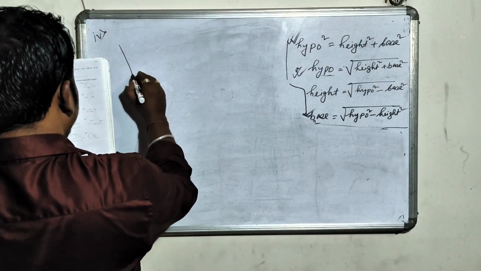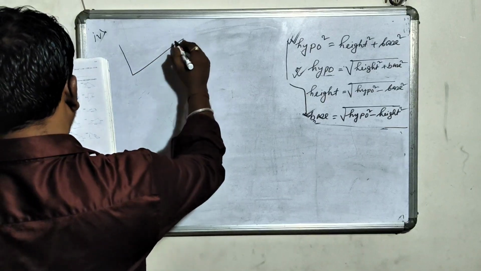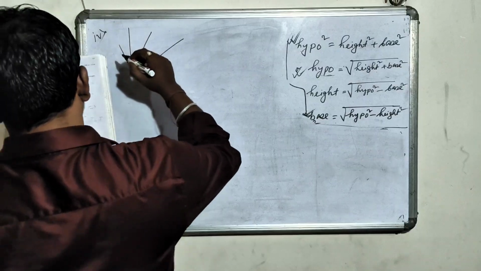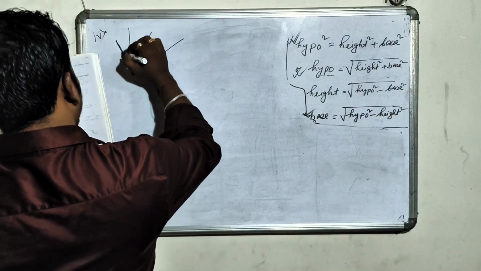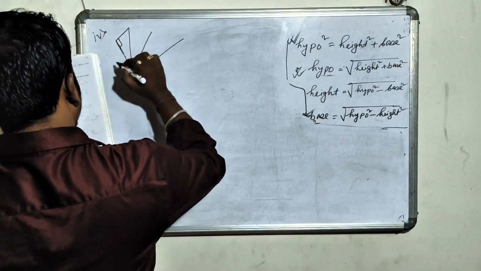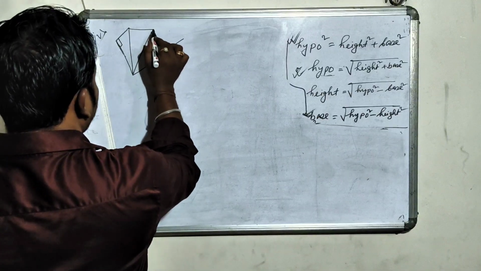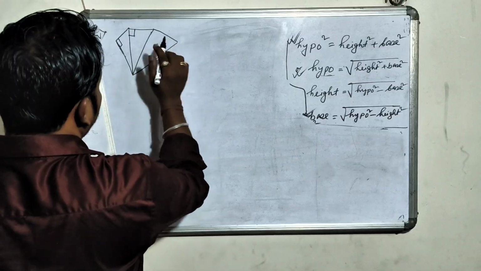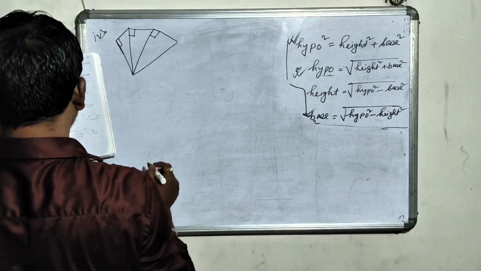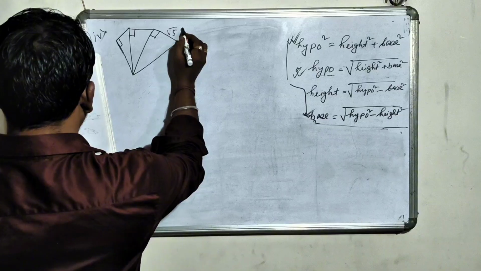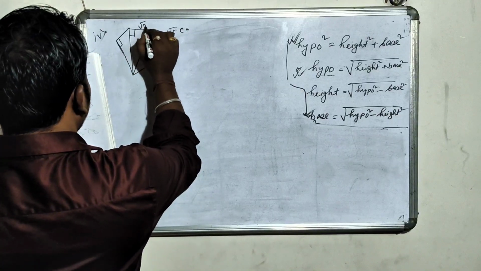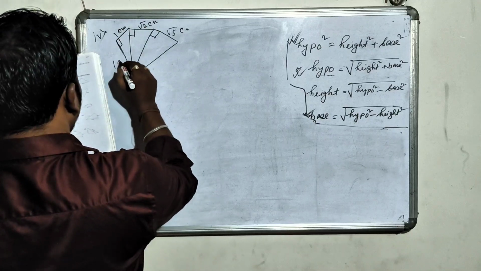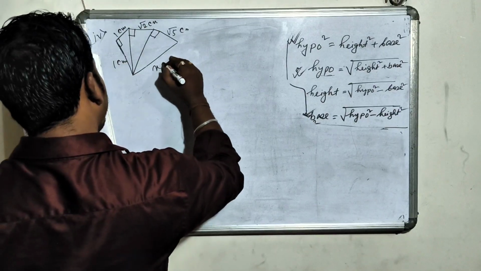Image is very complicated. 90 degree again 90 degree. The values are √5 centimeter, √2 centimeter, 1 centimeter, 1 centimeter, and that value is x.